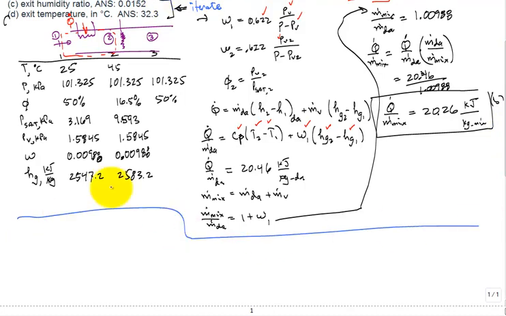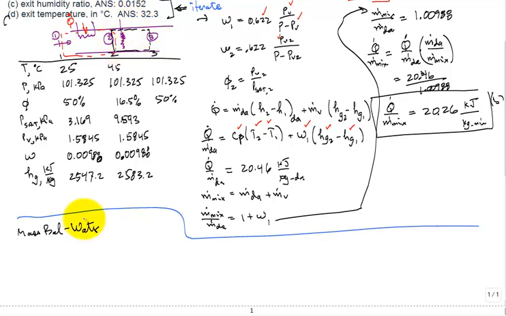I need to do a mass balance, a water mass balance. You can focus on doing it just across the pad.